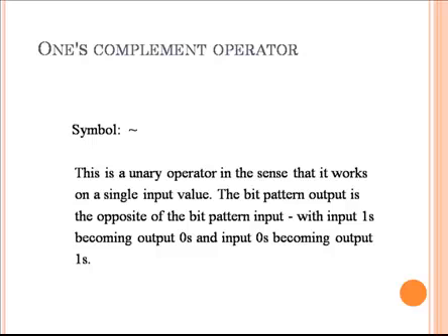Binary operators are performed on 2 operands, and unary operators are performed on a single operand. The 5 binary operators we discussed are the left shift operator, right shift operator, bitwise AND operator, bitwise OR operator, and bitwise exclusive OR operator.